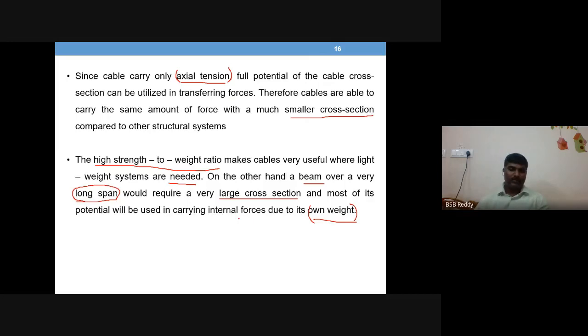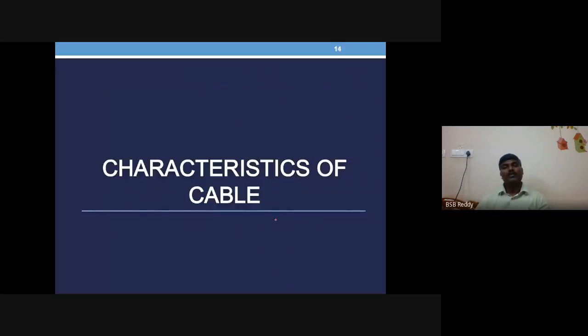So most of the money you have to put into the construction of the structure itself rather than for the purpose of taking the external loads. So this is regarding the characteristics of cable.